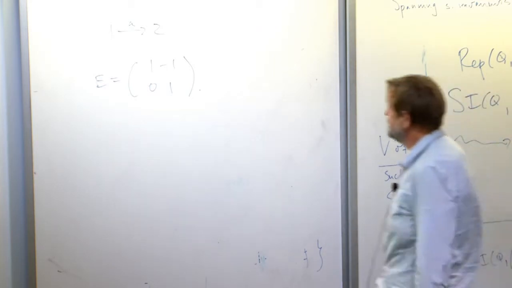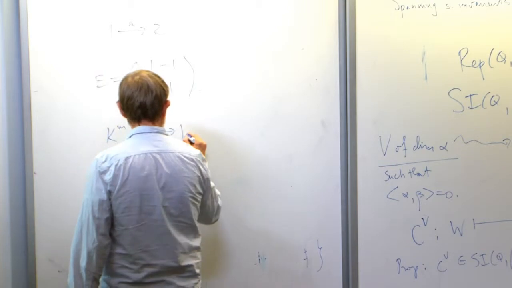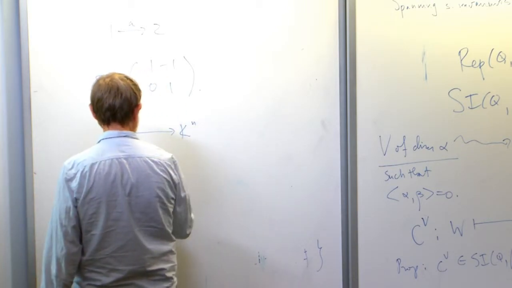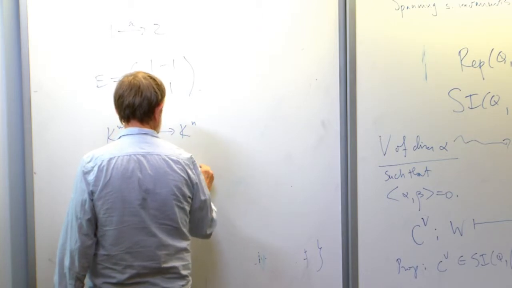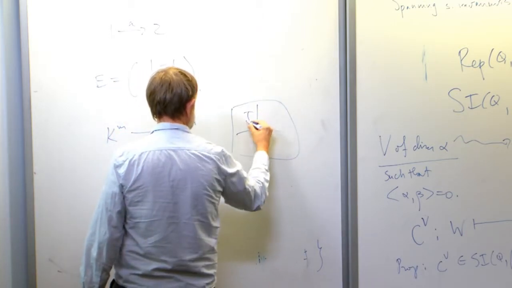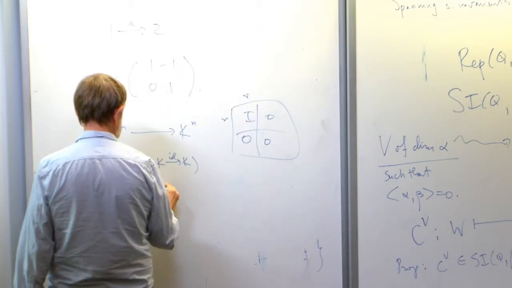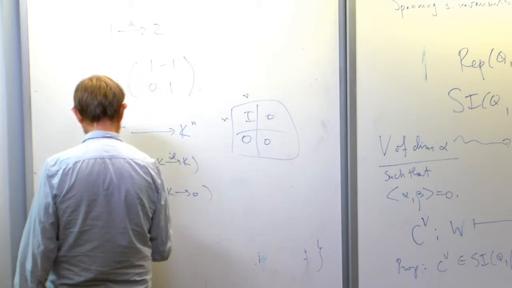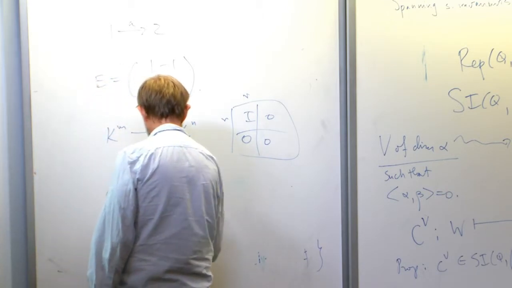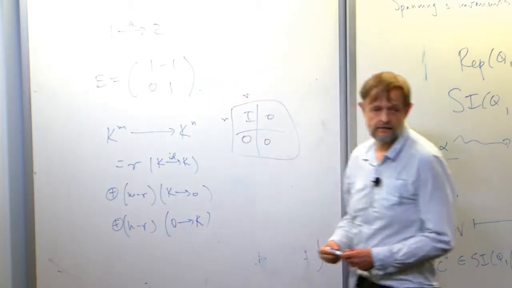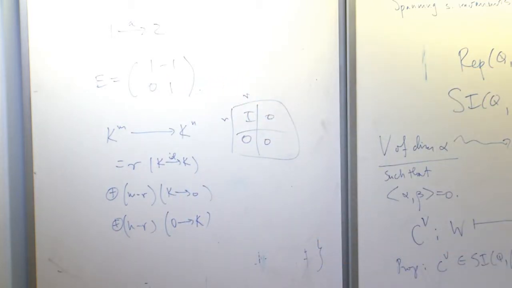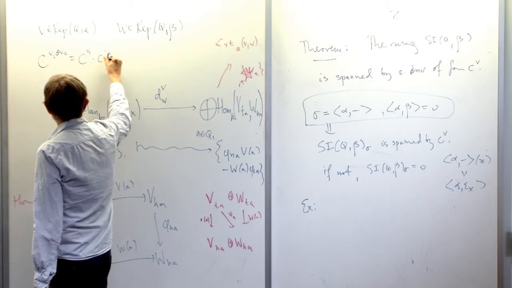So every linear map from k^m to k^n I can write as r times the identity from k to k, reducing to the form I_r, 0, 0, 0, plus m minus r times the vector in the kernel, plus n minus r times the vector 0, k. These will be the building blocks. I should also point out that for a direct sum, C_{V1 plus V2} is C_{V1} times C_{V2}, or 0.